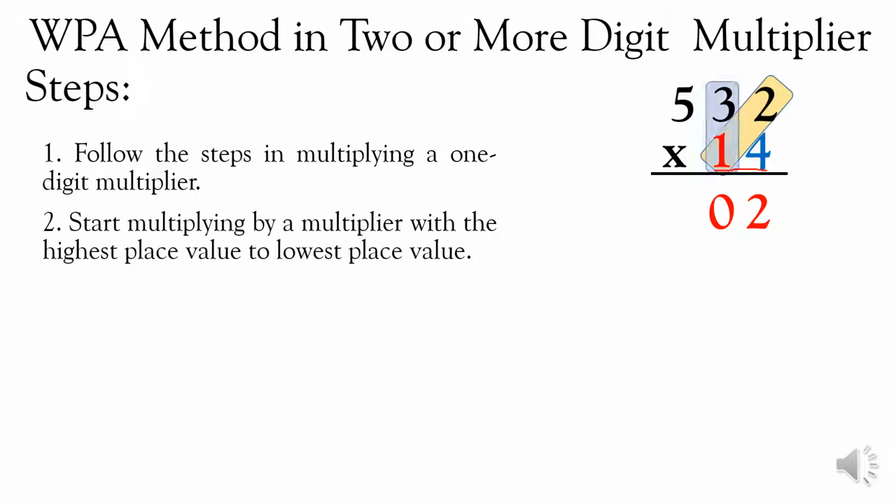Next is 1 by 3, which is equal to 03, aligning 3 to 0 of the previous product. Next is 1 by 5, which gives us 05, aligning 5 to the ones of the previous product, which is 0.